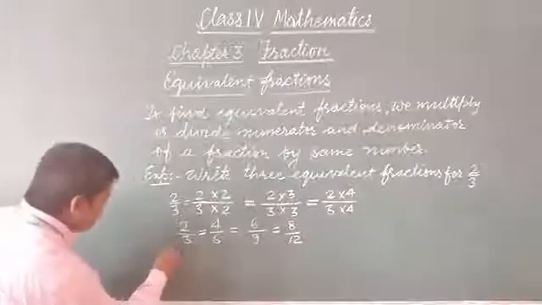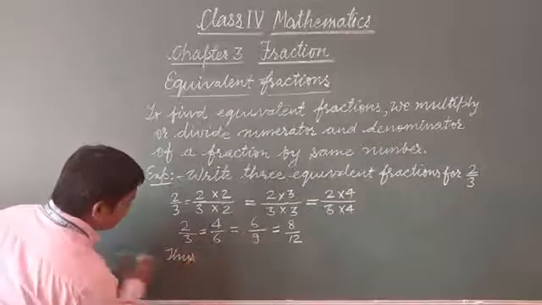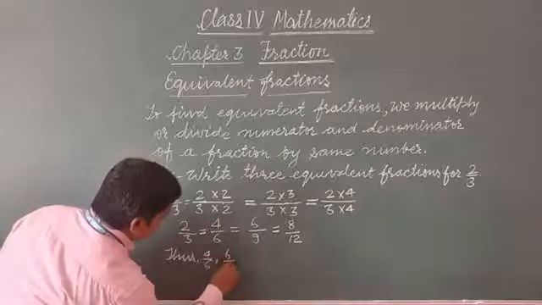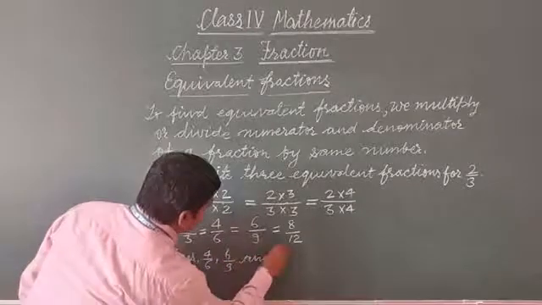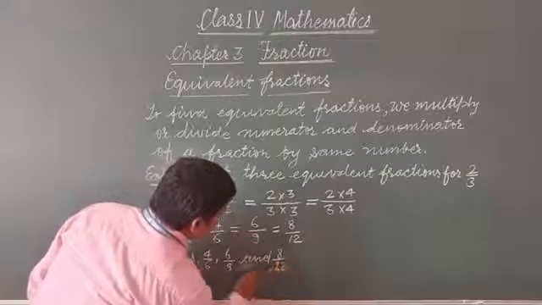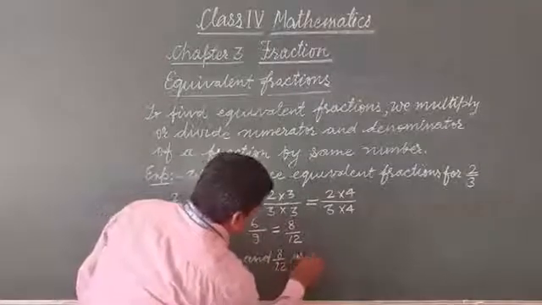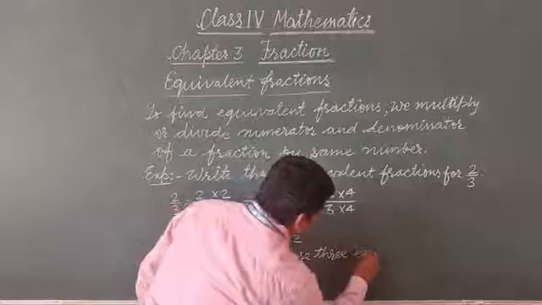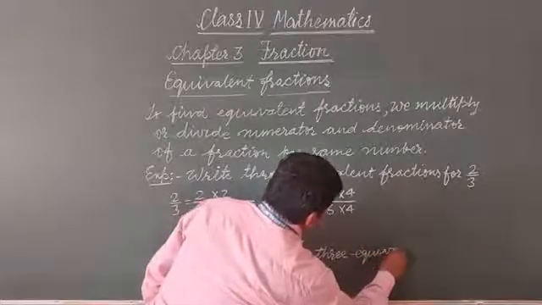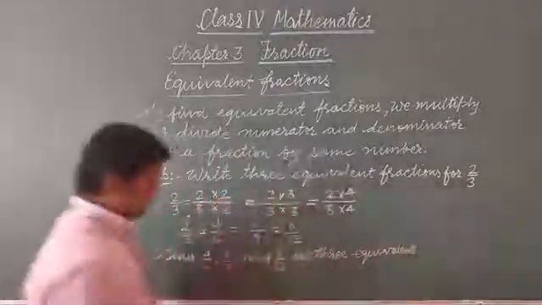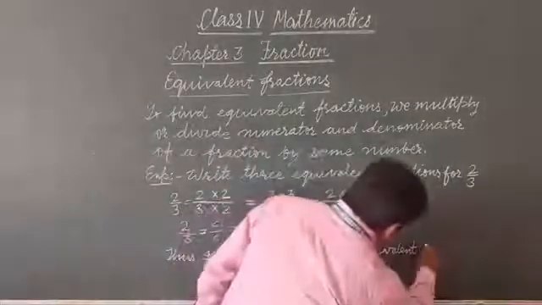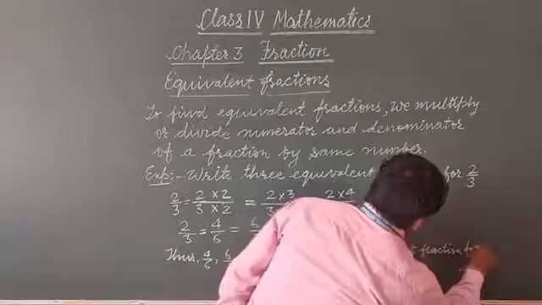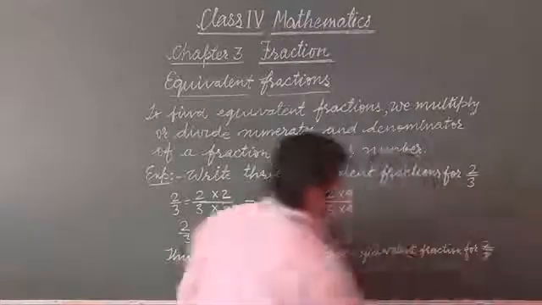So here we write that 4 by 6, 6 by 9 and 8 by 12 are 3 equivalent fractions for 2 by 3.